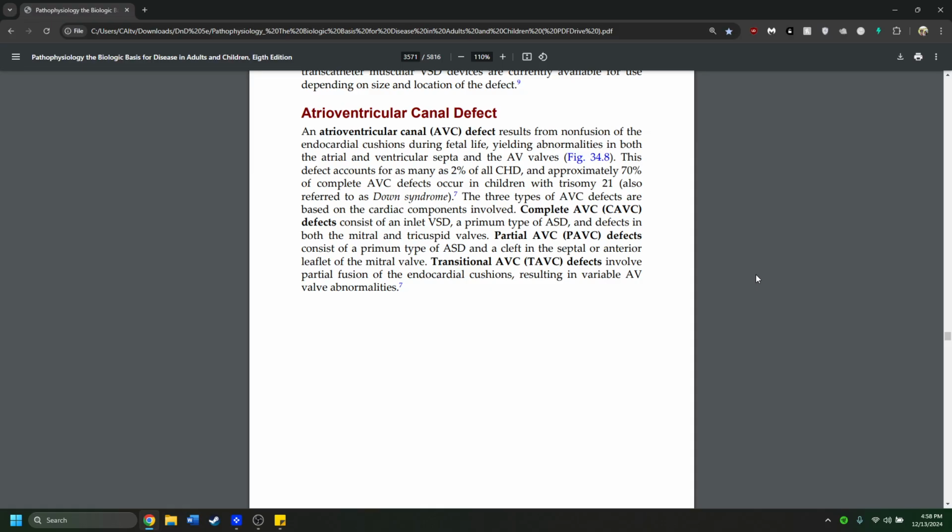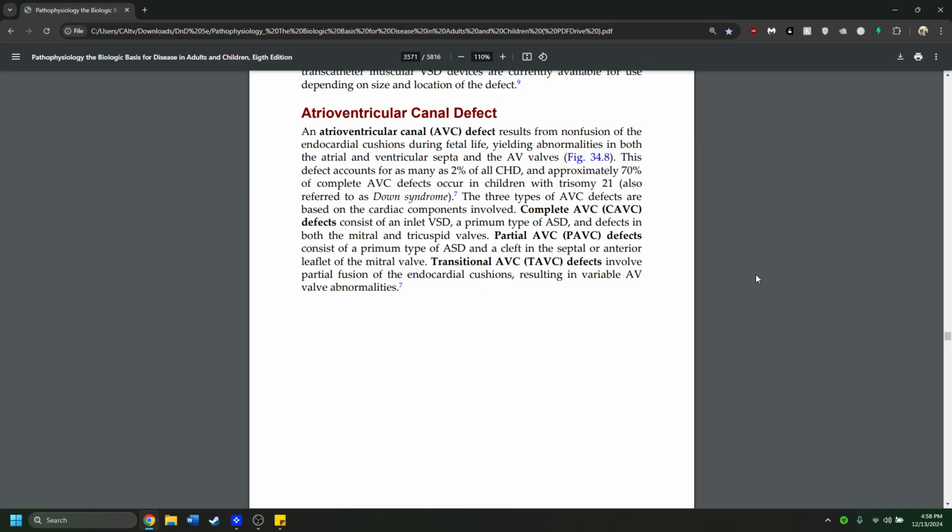The three types of atrioventricular canal defect are based on the cardiac components involved. A complete AVC, or CAVC, defect consists of an inlet VSD, a primum type of ASD, and defects in both the mitral and tricuspid valve.